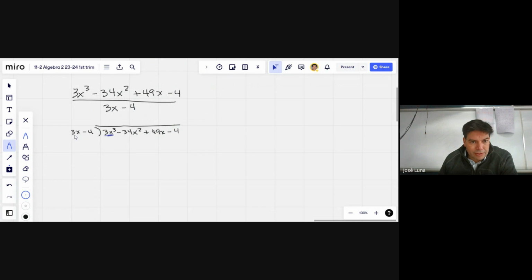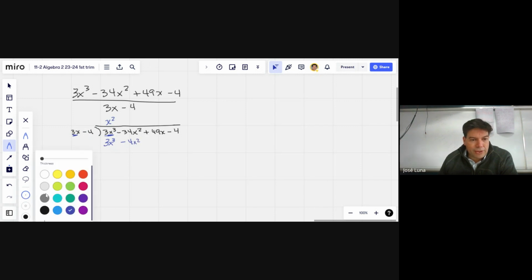We look at the first ones. 3x times what is 3x cubed? It happens to be x squared. X squared times 3x, so now you multiply, that would be 3x cubed. X squared times negative 4 would be negative 4x squared.